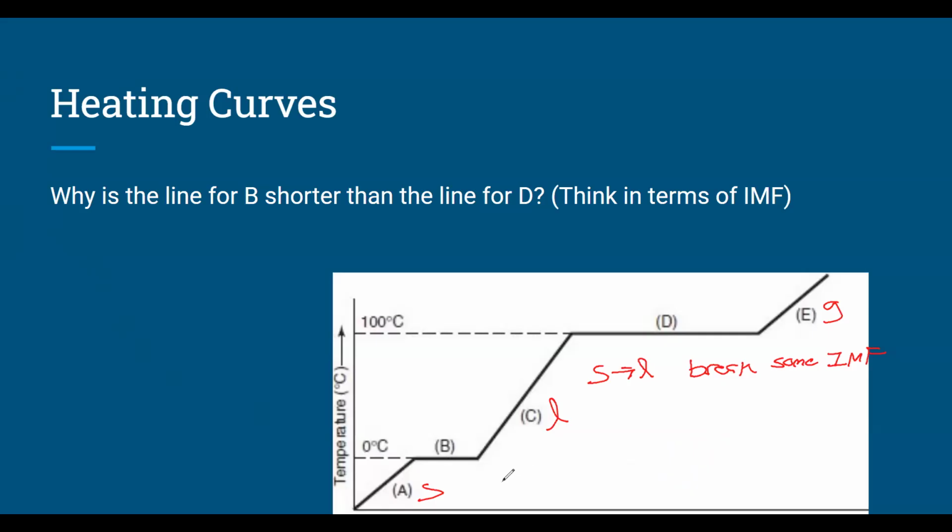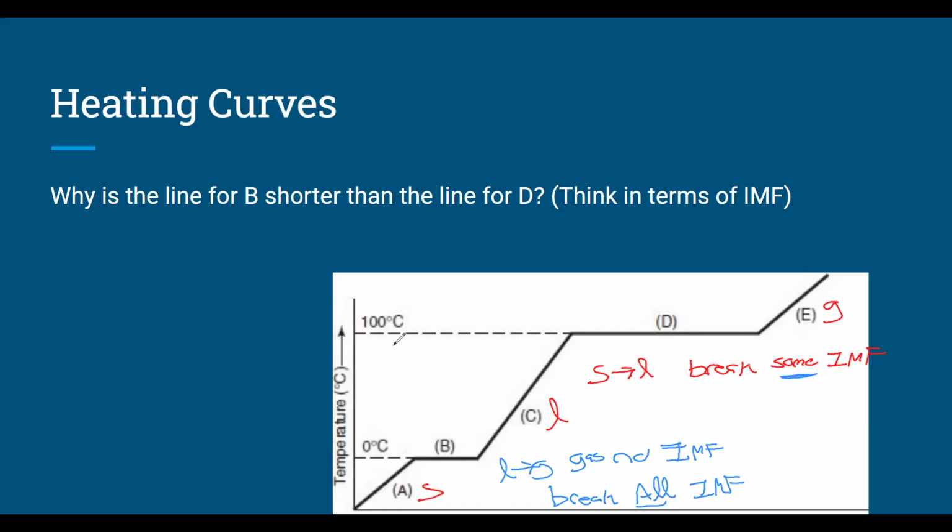When we go from a liquid to a gas, one of the ideas behind a gas is that when you're a gas, there are no intermolecular forces present. In fact, that's one of the assumptions of the ideal gas law, that gas particles don't have intermolecular forces. That means you have to break all IMFs instead of just some.